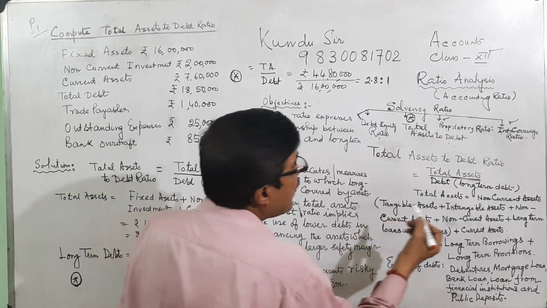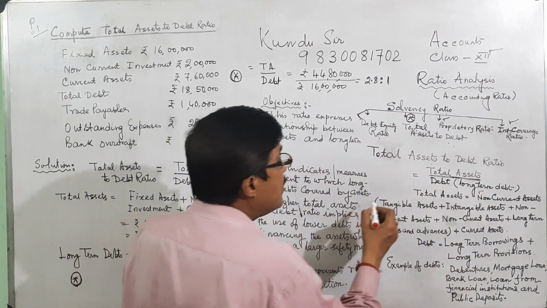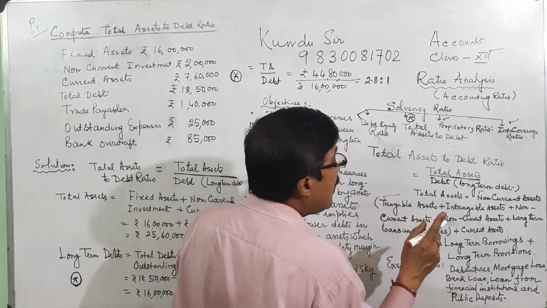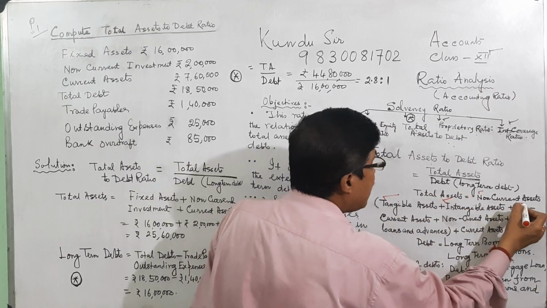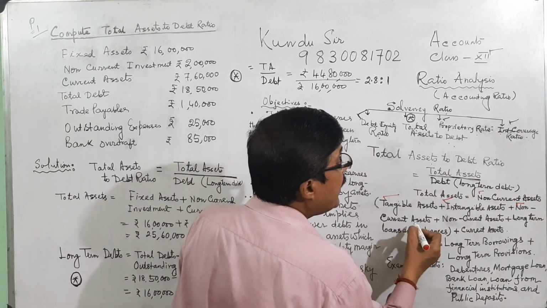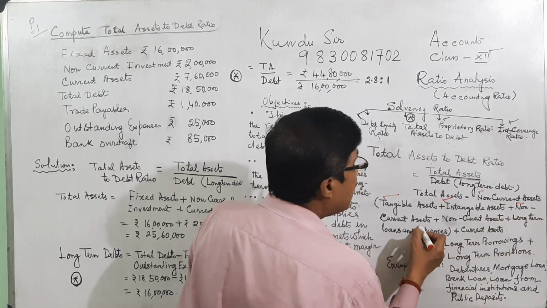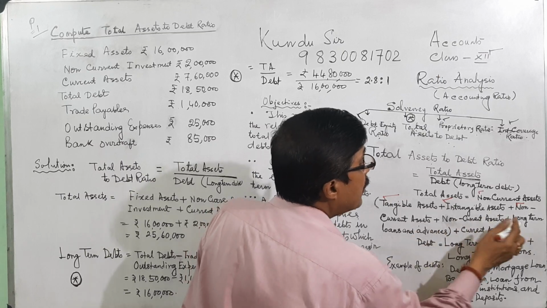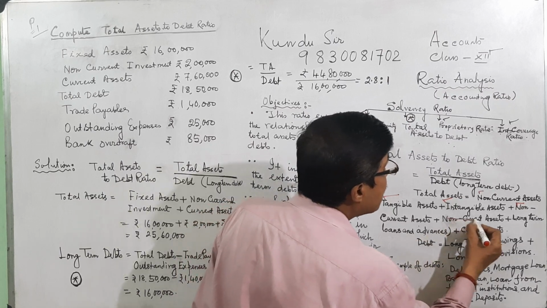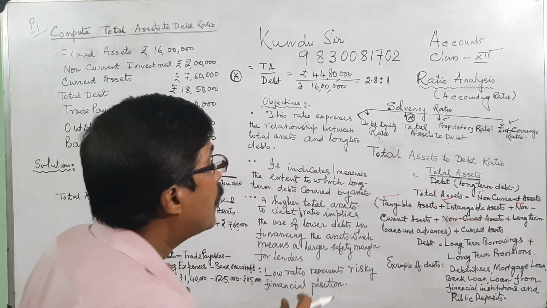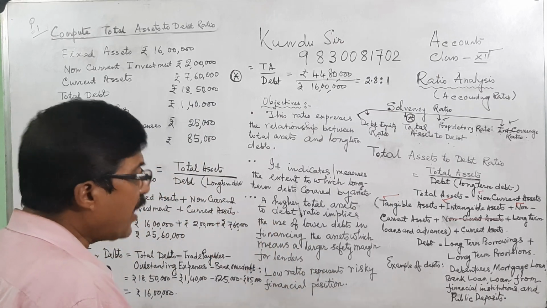tangible non-current asset. What is a non-current asset? Non-current asset is tangible asset, intangible asset, other non-current asset, and long term loans and advances, and current asset. Total asset equals fixed asset plus current asset.